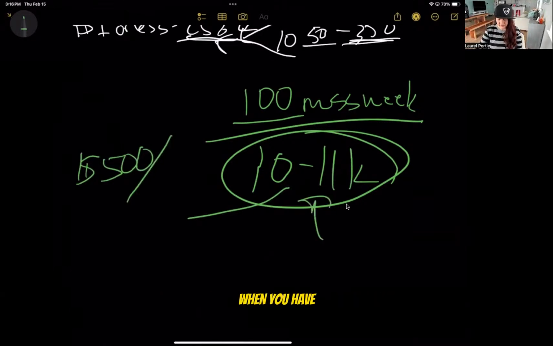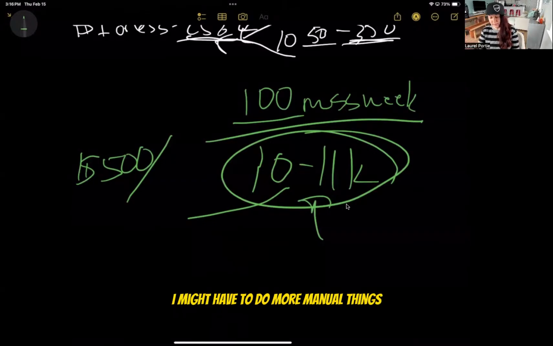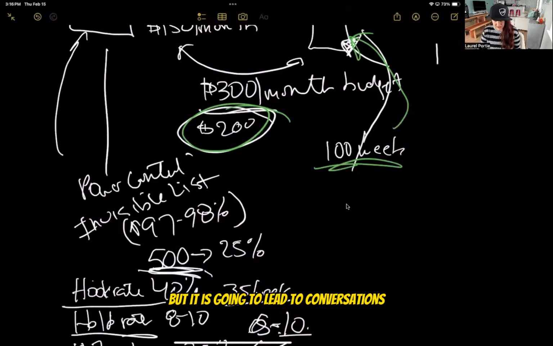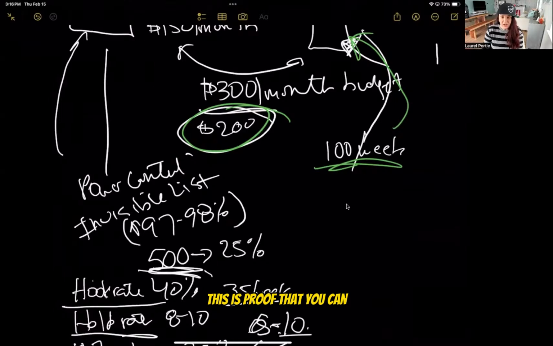When you don't have cash flow, you have to figure out, okay, I might have to do more manual things, but it is going to lead to conversations. And so you can do a lot. This is proof that you can do a lot when it comes to having just $5 a day to spend.